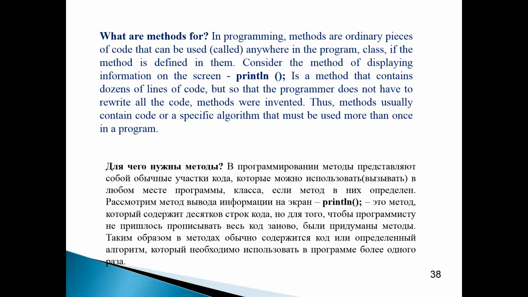It is a method that contains dozens of lines of code, but so that the programmer does not have to rewrite all the code, methods were invented. Thus, methods usually contain code or a specific algorithm that must be used more than once in a program.